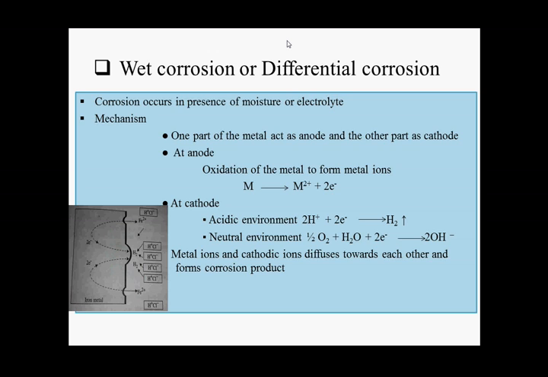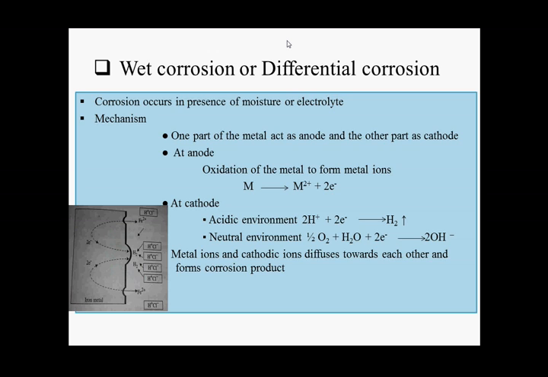If the environment is acidic, it leads to hydrogen evolution. If it is a neutral environment, it leads to hydroxide ion formation. These cathodic ions combine with the metal ions and form the corrosion product.